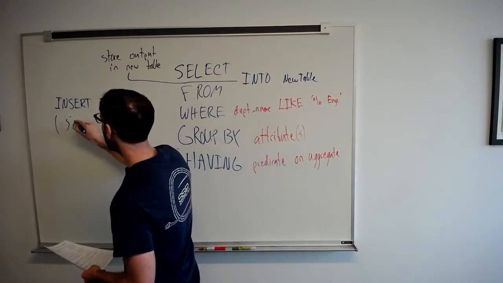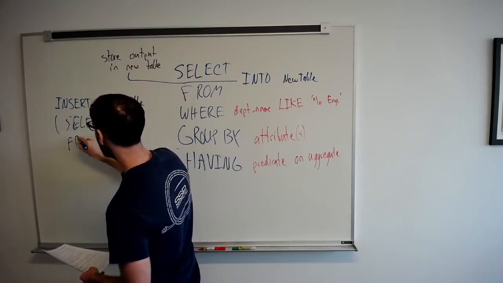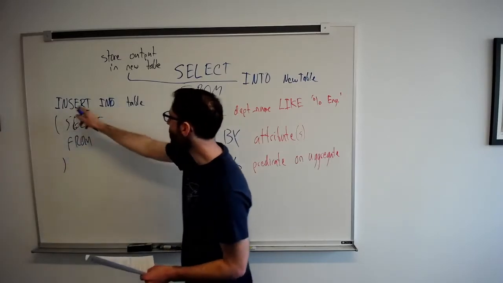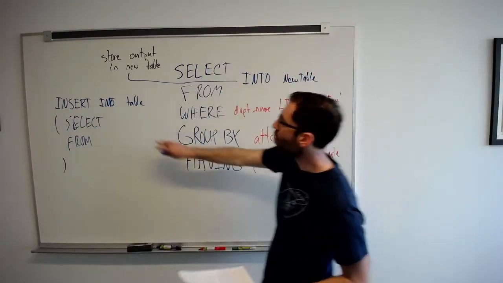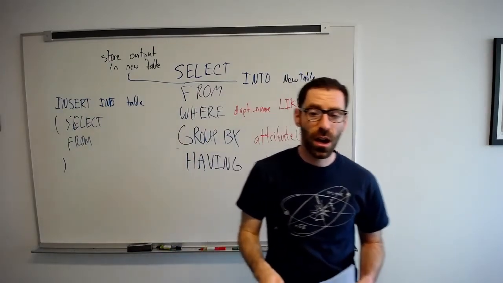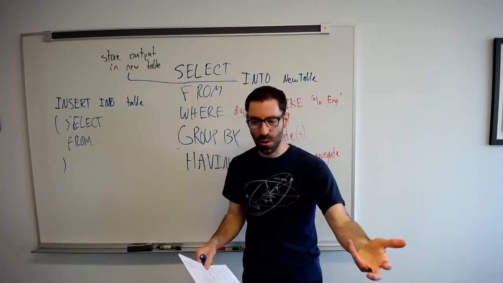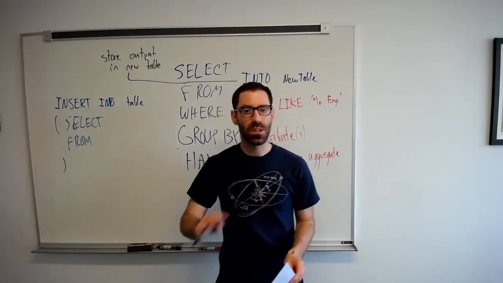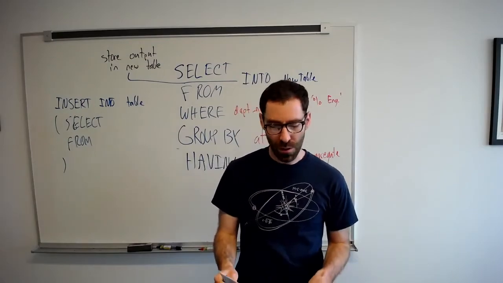So with our normal select from, etc., inside parentheses after this insert into table. So we can select into a new table or insert into a table the results of some query. Database management systems will typically also have ways to output the results of a query to a file, but that's not going to be SQL based. That's going to be commands that vary between database systems.